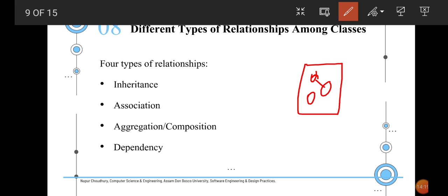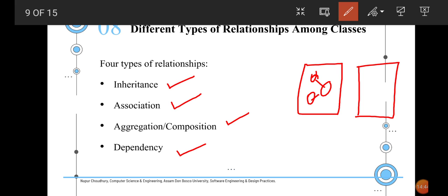If they are interacting, then they need to have some sort of relationship. This relationship can be categorized into inheritance, association, aggregation or composition, and dependency. So these are 4 different types of relationships existing within the interacting classes.